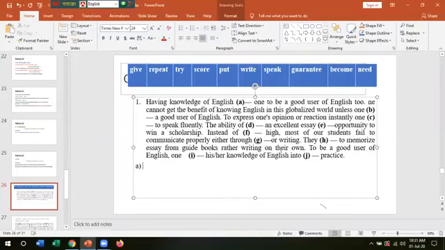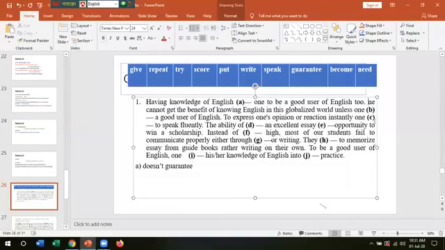If you read the whole passage, then you will understand. Having knowledge of English dash one to be a good user of English. Doesn't guarantee. Right. Having knowledge of English doesn't guarantee one to be a good user of English.